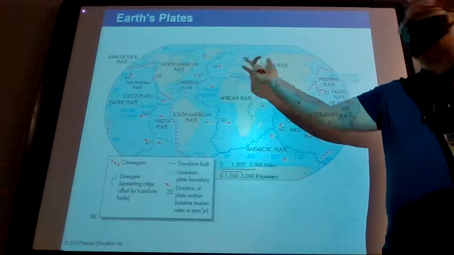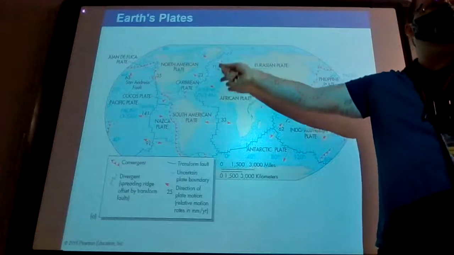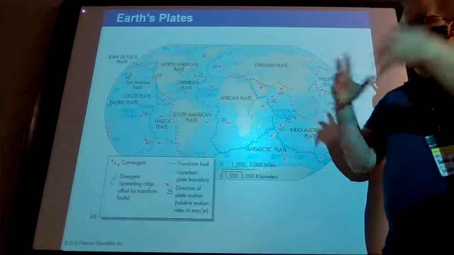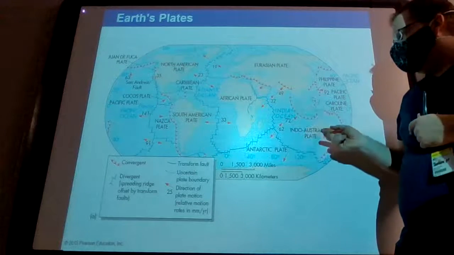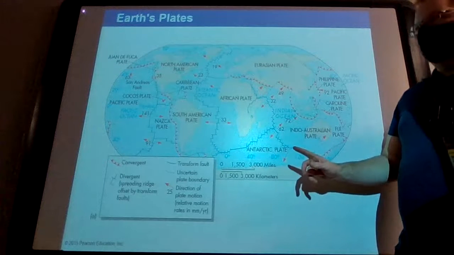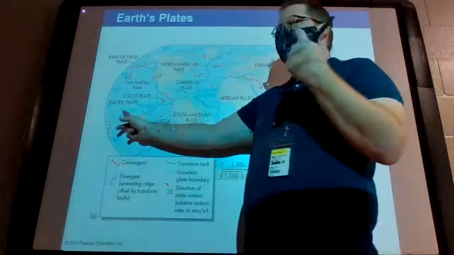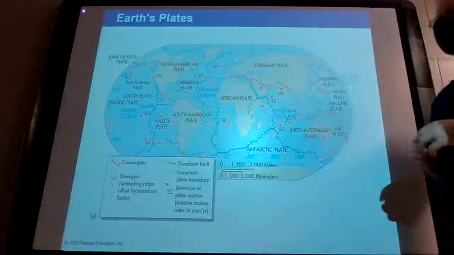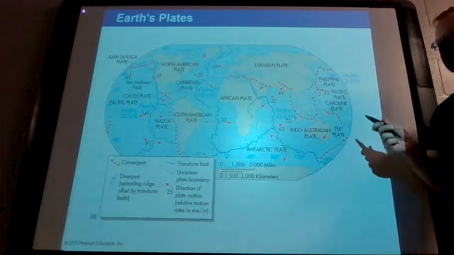We call Europe its own continent, Asia its own continent. Geologically, they're on the same piece of rock. So we lump those together into one big Eurasian plate. We have the Australian plate, we have the Antarctic plate, and then we need one more because we've put two into one here, and that's going to be the Pacific plate. The Pacific plate's the only major plate that doesn't have a continent on it. It's just pretty much all ocean.